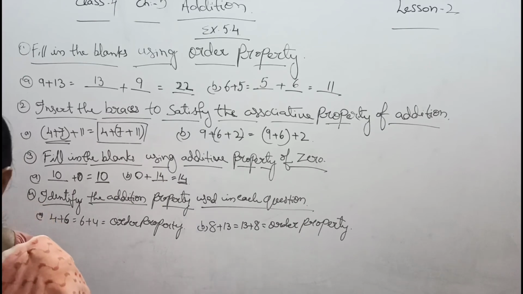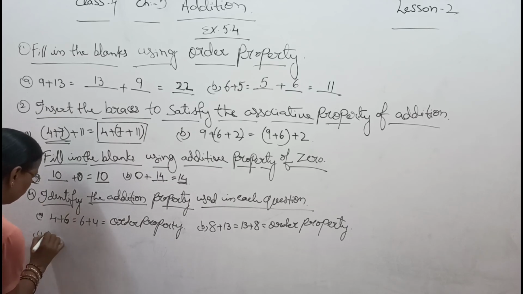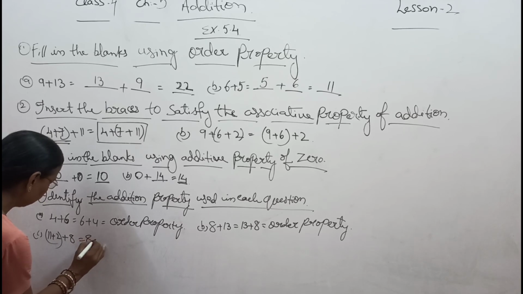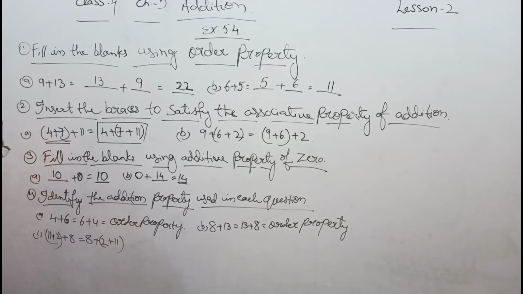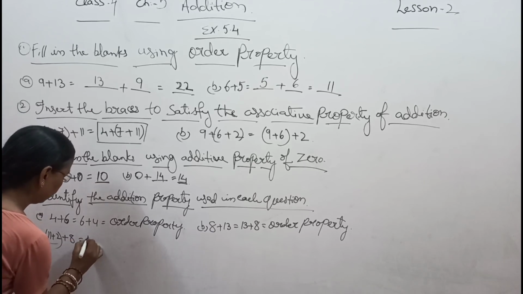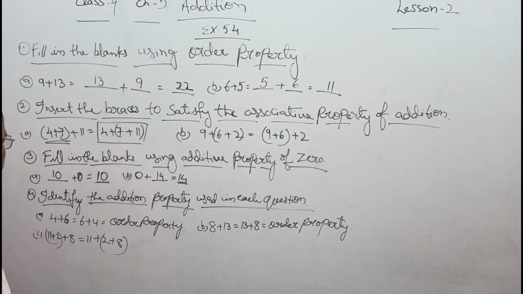Now the third one is 11 plus 2 plus 8 equals 11 plus 2 plus 8, with 2 plus 8 within the bracket.